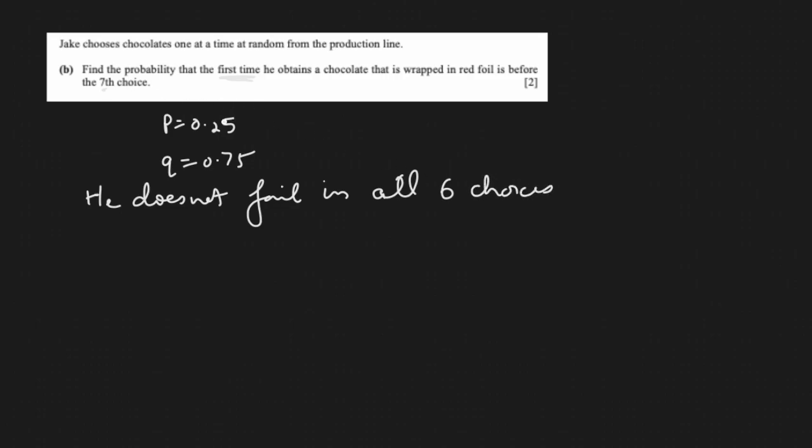So in the first six choices he does not fail in all of them, right? He gets a success somewhere in between. So what we'll write is 1 minus he fails 6 times in a row, which is 0.75 to the power 6. Six failures in a row is not there, so 1 minus that probability will give us the answer. What I'm getting here is 0.822, to 3 significant figures.